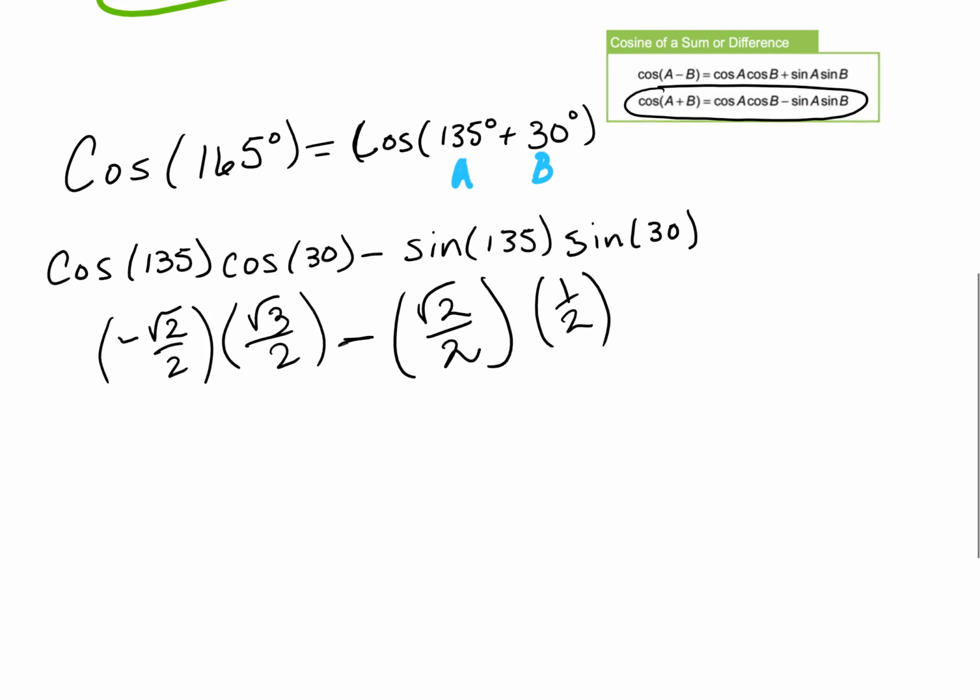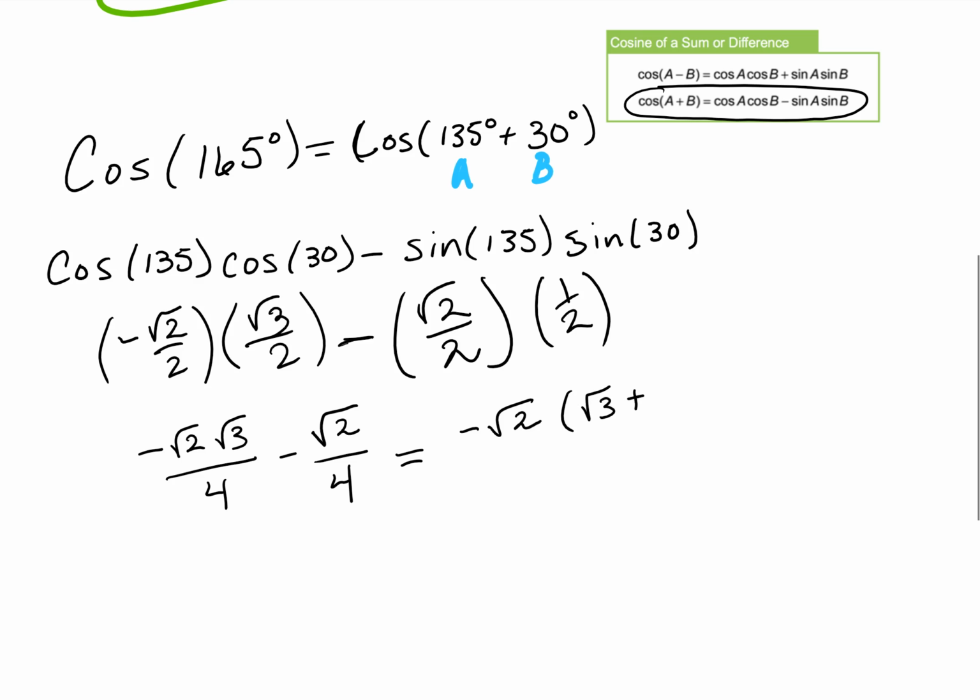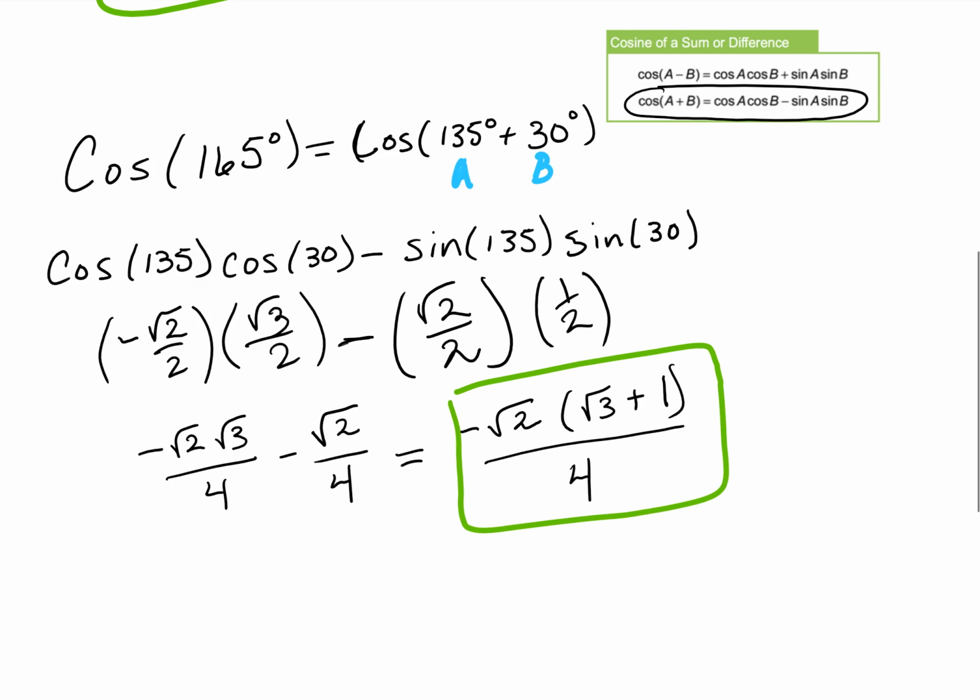So now we again do the arithmetic. We're going to have a negative square root of 2 square root of 3 over 4 minus a square root of 2 over 4. Looks something like that. And again, I'm going to factor out a negative square root of 2. In parentheses, I will have square root of 3 plus 1, all divided by 4. And I will box this as my answer for my cosine sum identity.